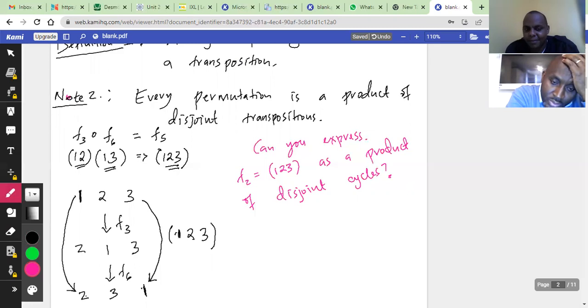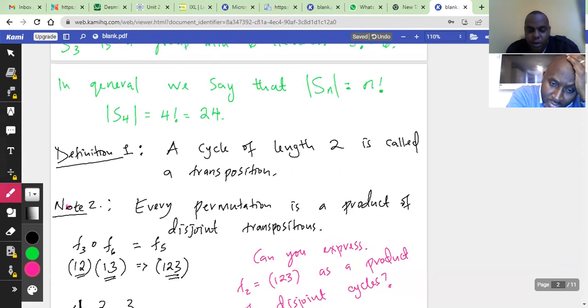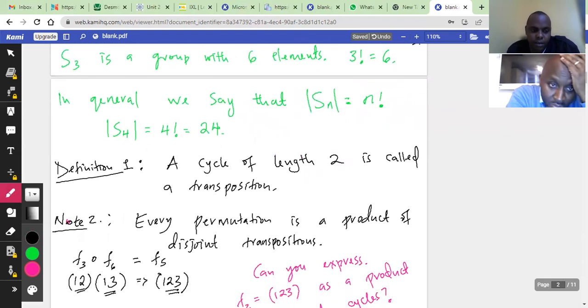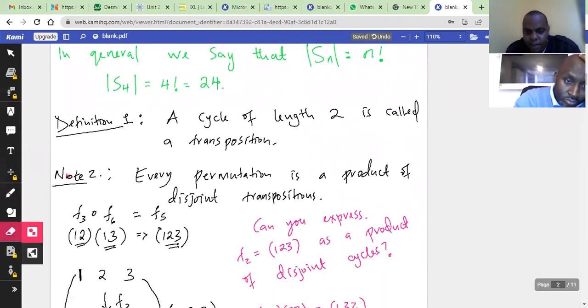Yeah, we can have 1 to 2 as one cycle and 2 to 3 as the other cycle. So 1 goes to 2, 2 goes to 3, so 1 goes to 3, and then 3 goes to 2, and 2 goes to 1. Oh wait, F2 was 132. Let me correct this.